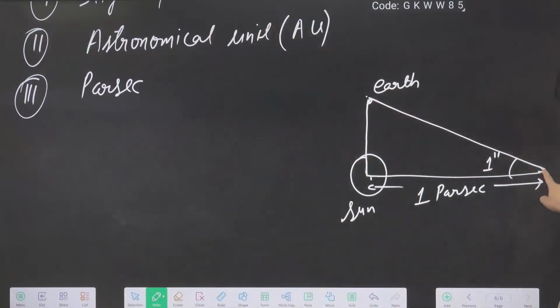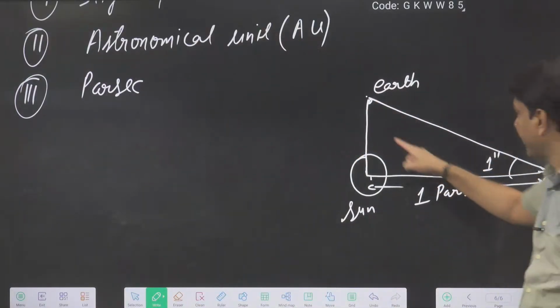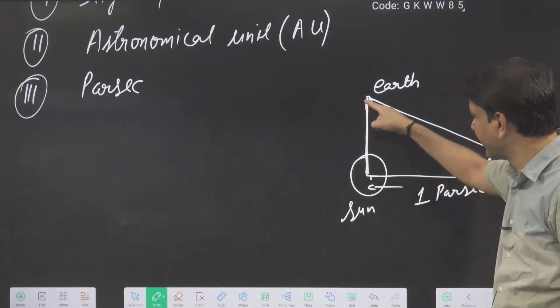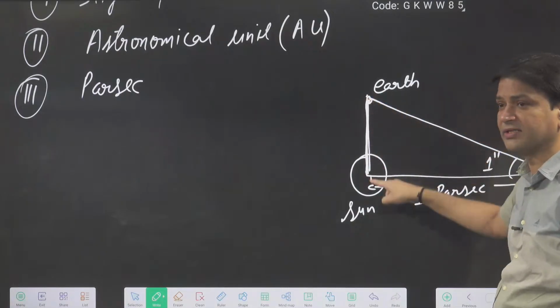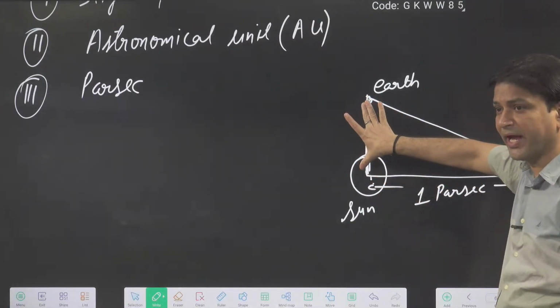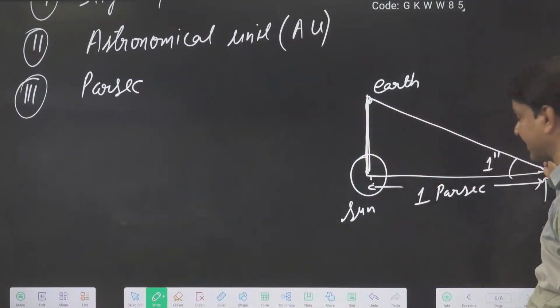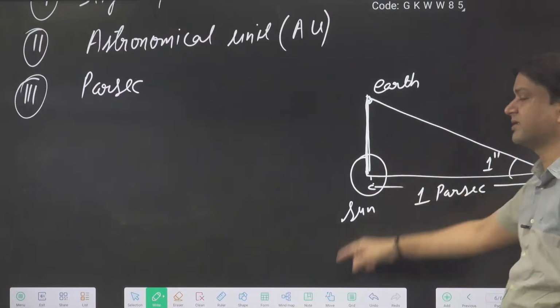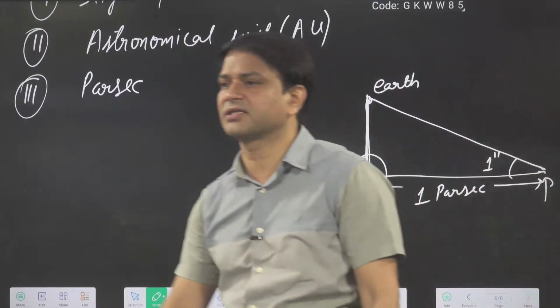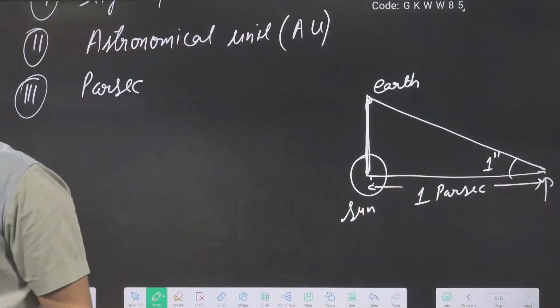Like here, this point I am taking, suppose P. At P, this is the AU, the average distance between the earth and sun. The distance at which AU makes an angle of 1 second is 1 parsec.